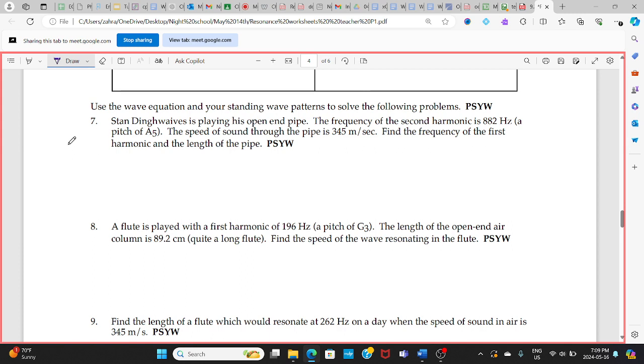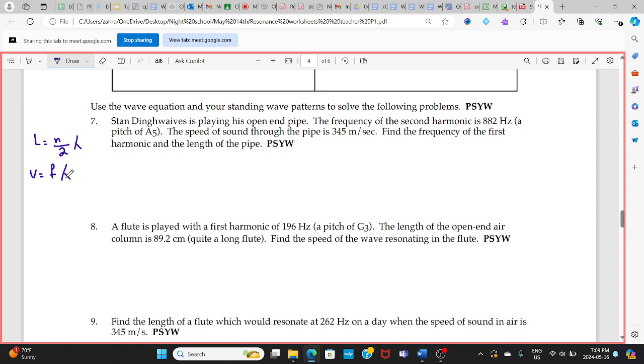Okay, sure. So, explaining the open end pipe, you need to know the equation: L is equal to N over 2 lambda. Also, you need to know the universal wave equation: V is equal to frequency multiplied by lambda.